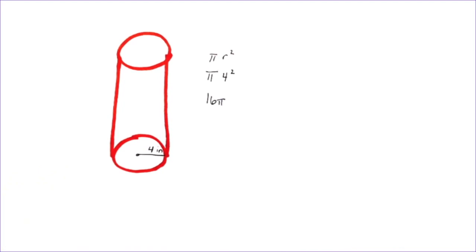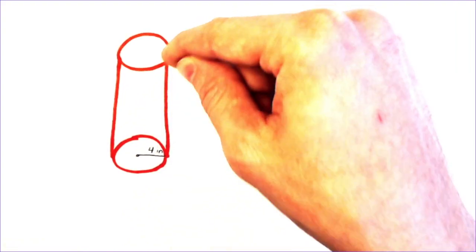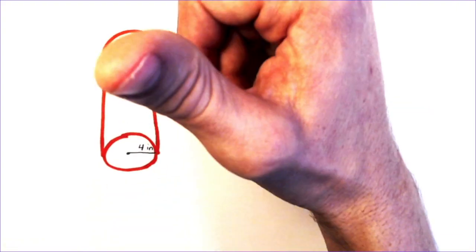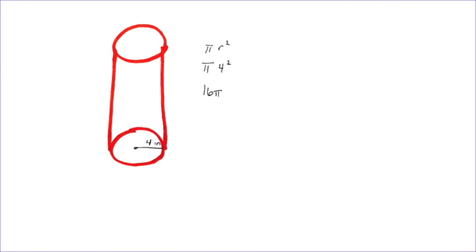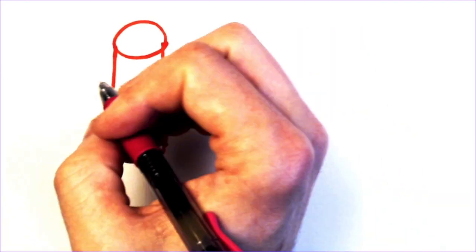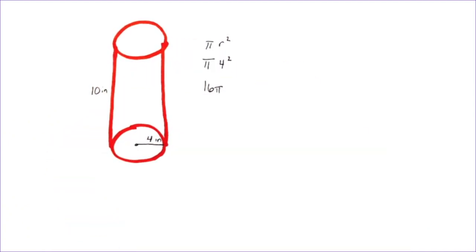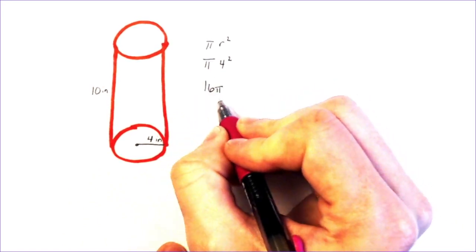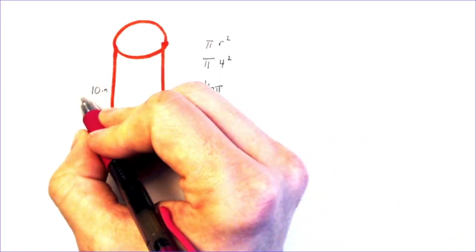In order to find the volume of the cylinder, we have to multiply it by the height. So however high this is going, that's how many stacks of circles we would have to multiply it by. So let's say that the height was 10 inches. It'd be like stacking 10 of these together. You would take the area of the circle, the area of the base, 16 pi, and multiply by the height.